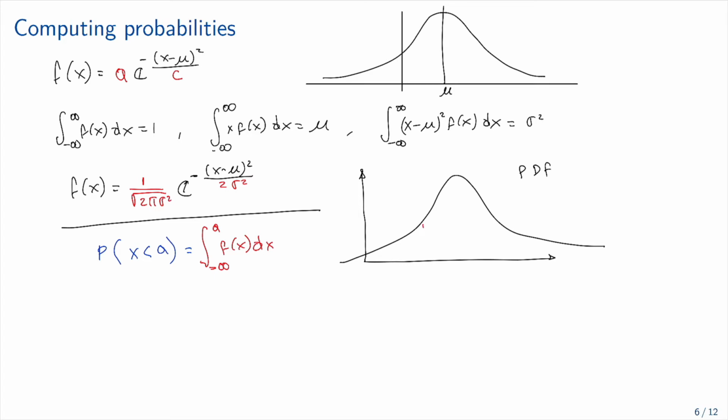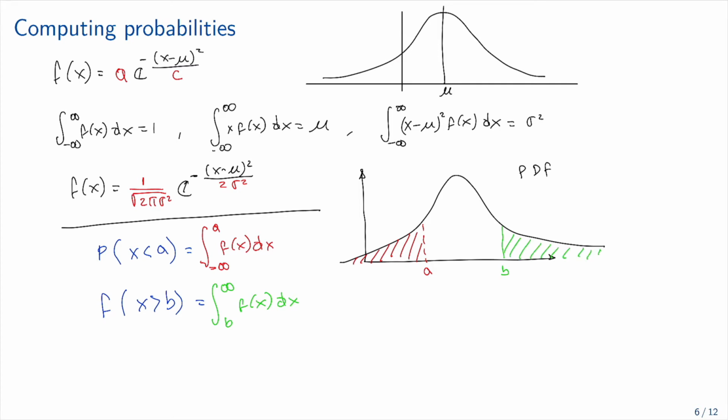So if a is, for example, at this point, that will represent this integral. Now, the probability of x being bigger than b is equal to the integral from b to infinity of f(x) dx, and let's say that b is at this point, so that will represent this area.